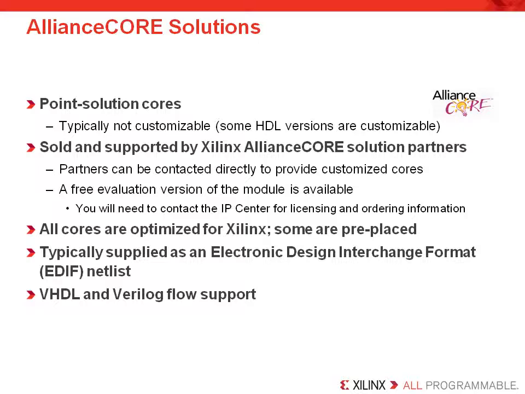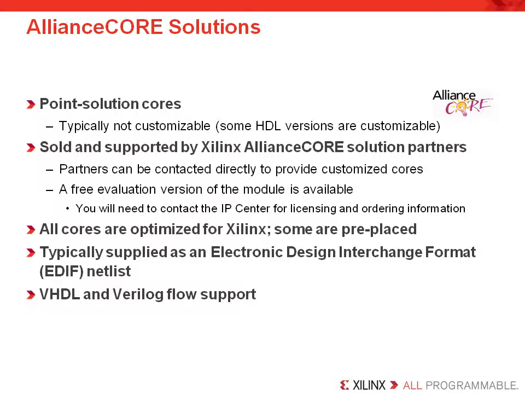Alliance core solutions are point solution cores. They are typically not customizable, but there are some HDL versions which are customizable. They are sold and supported by Xilinx Alliance core solution partners. These partners can be contacted directly to provide the customized core you want.